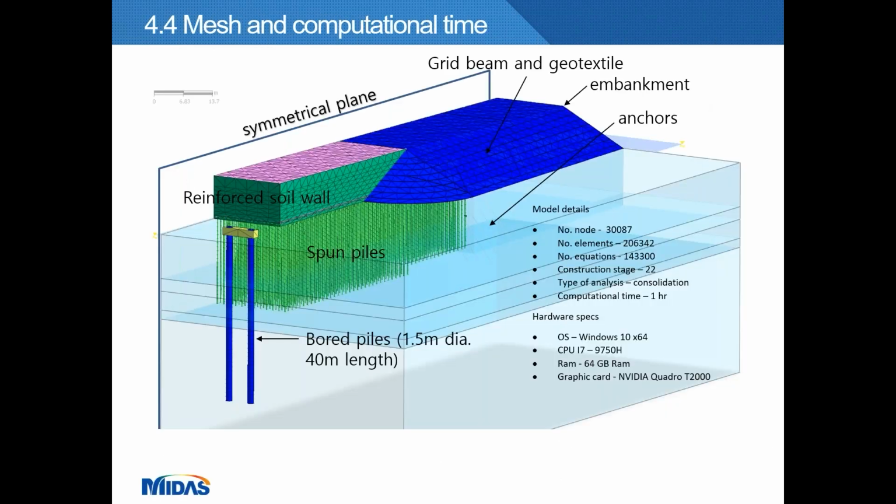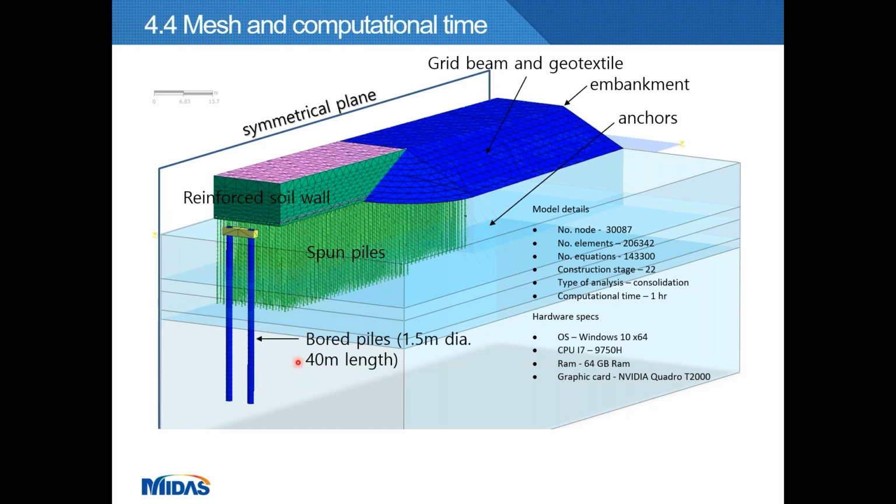To find out the cause of the distress, we simulated closely the construction of the bridge abutment. To reduce the computational time, we only model half of the problem, using the symmetrical plane. This slide shows all the structural elements for this problem. This is the reinforced soil wall. These are the spun piles supporting the reinforced soil wall.